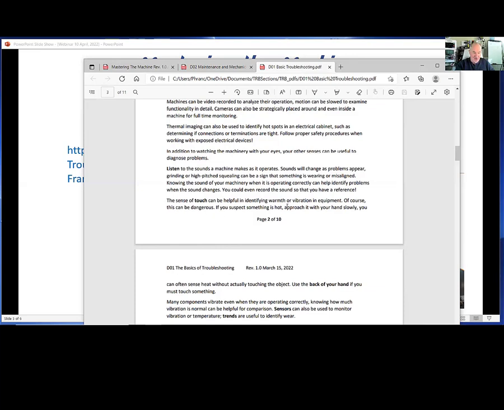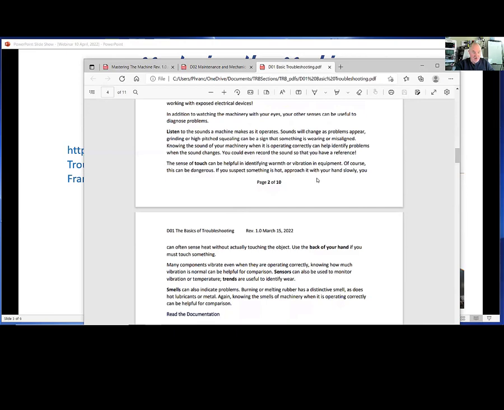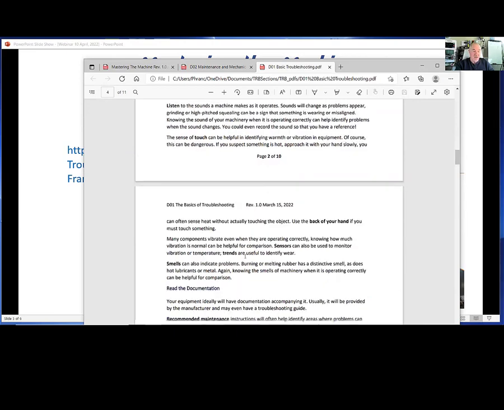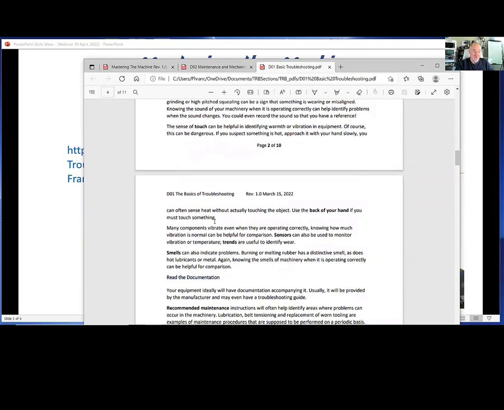So sense of touch can help. Warmth, vibration. Again, you put your hand on a motor after checking its temperature, and you can see how much it vibrates. You can check bearings and things like that this way. It can be dangerous. If you suspect something is hot, approach it with your hand slowly. You can often sense the heat before you touch it. Use the back of your hand if you must touch something.